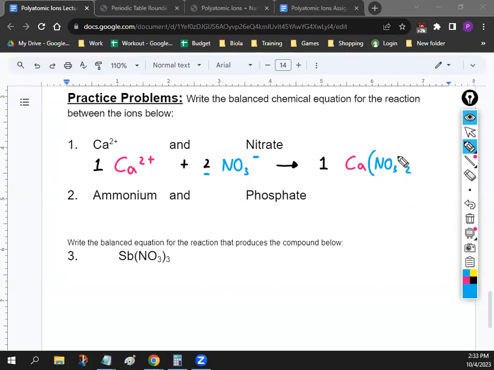That's why we use parentheses to show that we need 2 of these nitrates. So it'll be Ca, parentheses, NO3, and then 2. That's what the parentheses are for. It's to tell you that you need multiple of this whole thing right here. Other than that, it's pretty much the same thing that we've been doing.